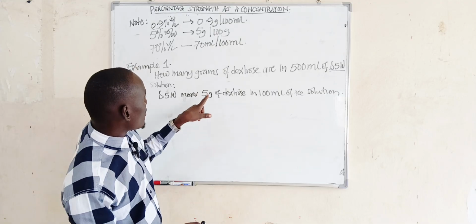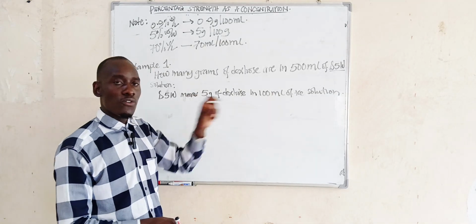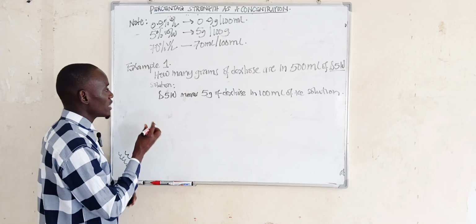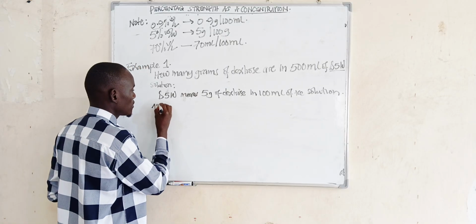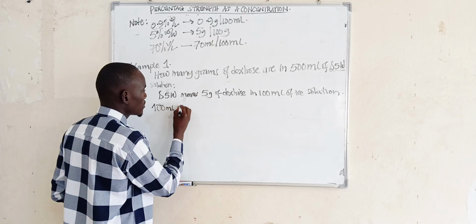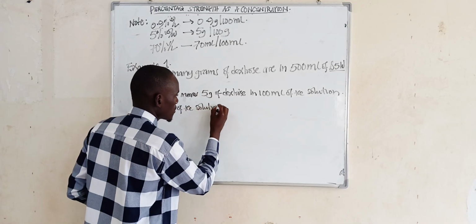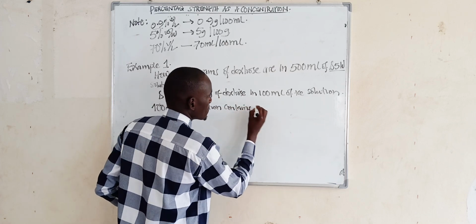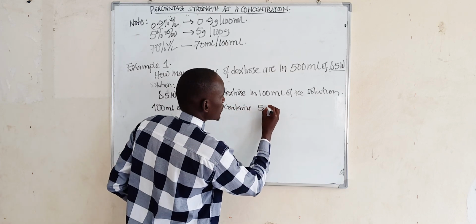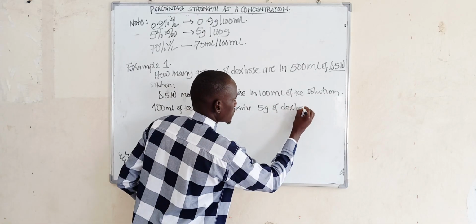So we already have that 5 grams of dextrose is in 100 mils. So from first principle, we shall say that 100 mils of the solution contains 5 grams of dextrose.